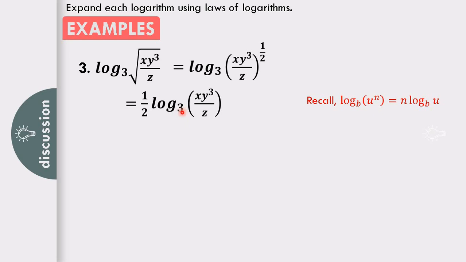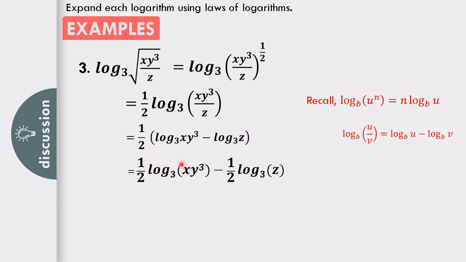Then we will use subtraction since the argument is divided. So we have 1 half times logarithm of xy cubed to the base 3 subtracted by logarithm of c to the base 3. Then we will distribute 1 half to both logarithms. So we have 1 half logarithm of xy cubed to the base 3 subtracted by 1 half logarithm of c to the base 3.